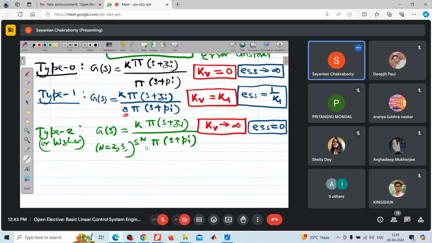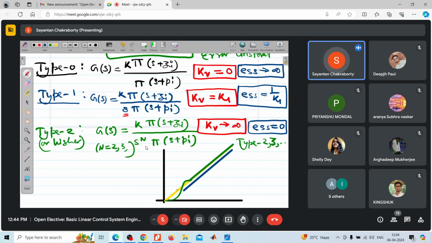From this, what we can infer is that given a reference signal, if we have a type 1 system, and if we have a type 2 system, and so on, the nature will be something like this.